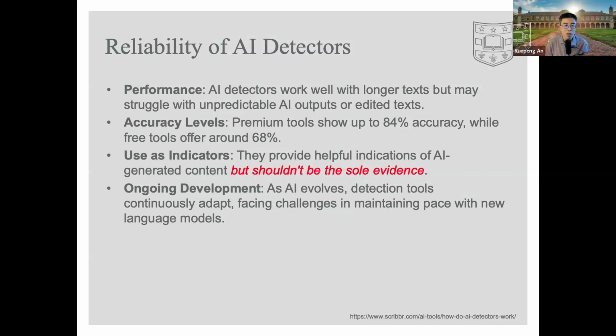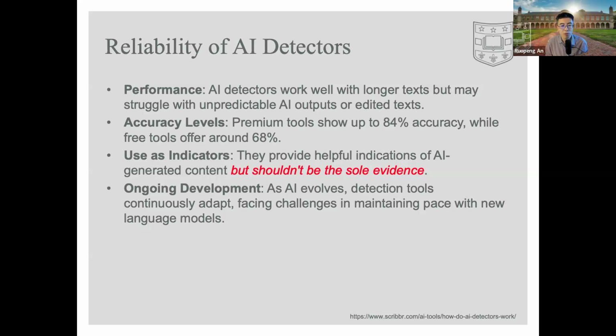As for overall accuracy, some of the premium tools that ask you to pay may suggest up to 84% accuracy, but of course varied greatly by the content, while free tools usually offer only around 68%, right? So not that amazing.